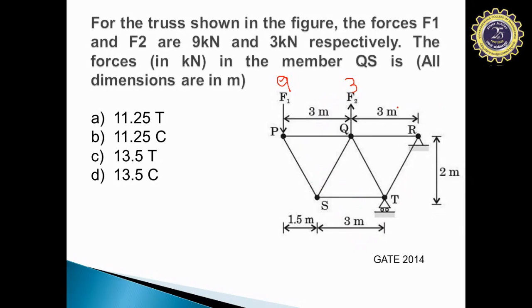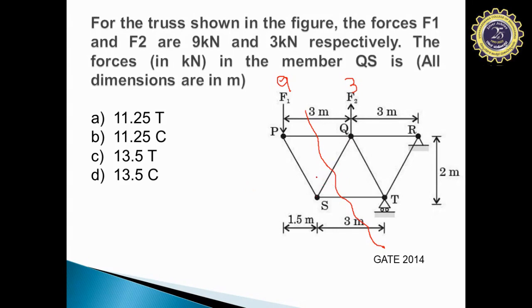Now, since we need to find out the member QS, we will cut the truss into two different parts. If you consider the left side of the part, you will be left with only force F1 and you have S. If you solve only the left portion, you can easily find out the force in member QS.